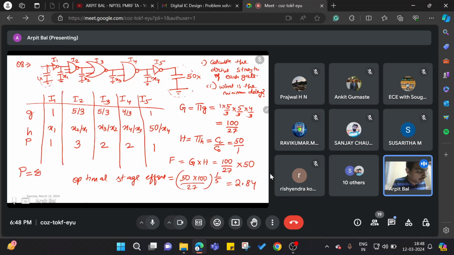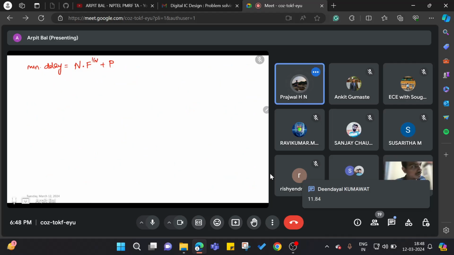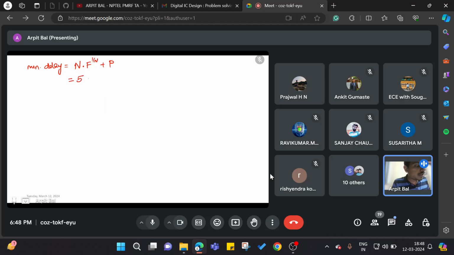That is going to be the summation of P: 1 plus 3 plus 2 plus 2 plus 1, that is 9. Minimum delay: N is 5, into F to the power 1 by N, so F to the power 1 by N is 2.84, plus P, which we just calculated, was 9. So this is going to be 23.21.